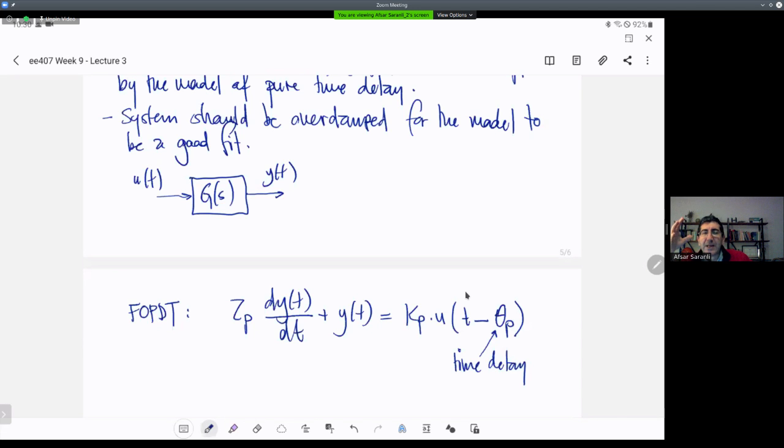There are many common systems that have pure time delay. For example, if you have any communication between the controller and the plant, such as a wireless network, a computer network, or a lengthy cable, the signals take some time to reach the destination.